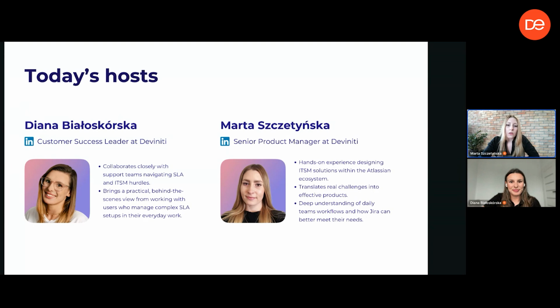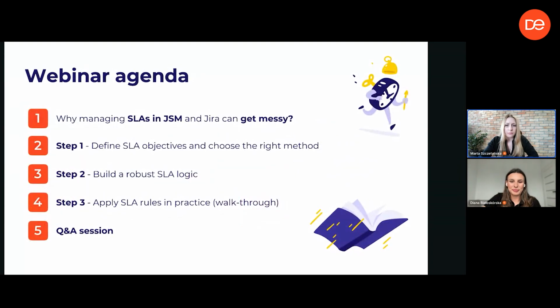So what we have planned for today: first, we will start with exploring why SLA management in general very often becomes a mess and what usually causes that mess. Then we will talk a little bit about 3 key steps to bring the structure of SLA management back, with some additional tips and maybe some best practices. And then finally, we will show you 2 real-world use cases.